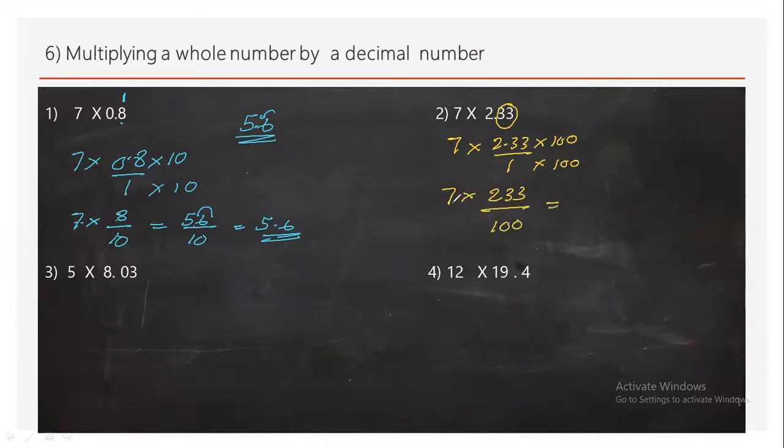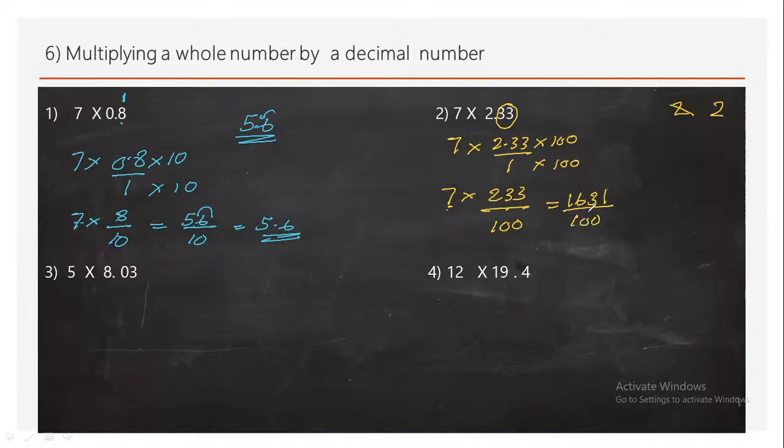Now multiply 7 times 233. 7 times 3, 21, 2 remaining. 7 times 3, 21 and 2, 23, 2 remaining. 7 times 2, 14, 14 and 2, 16.